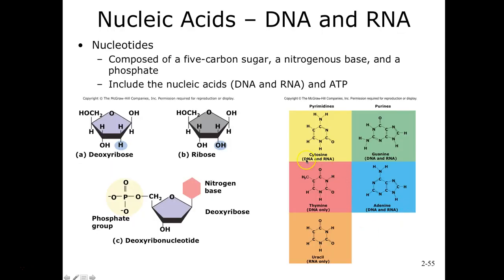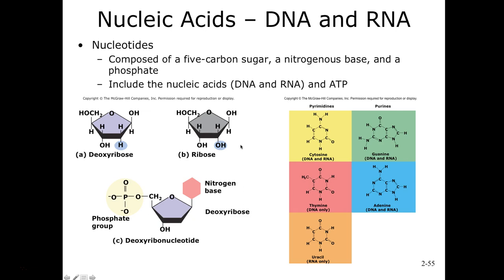So quickly, let's talk about some nucleic acids. Most of you already know much about DNA and RNA, but this is going to be a quick little review. So here is our deoxyribose, and here is our ribose molecule. You can see that they are pretty similar to one another.